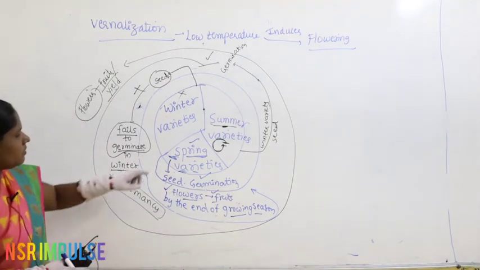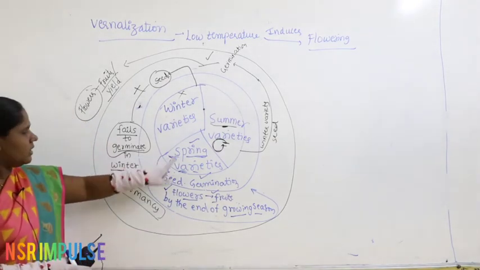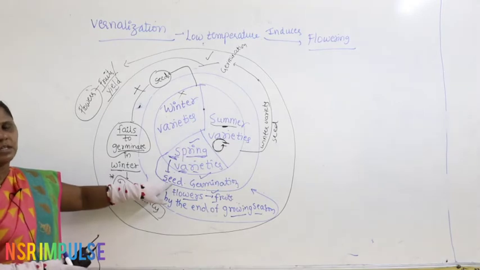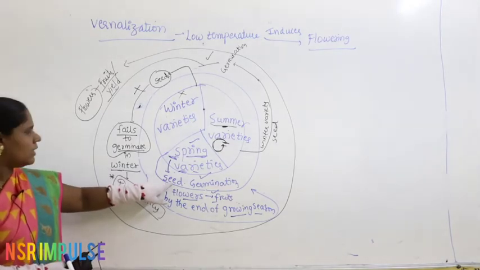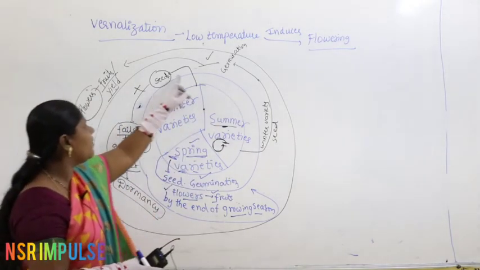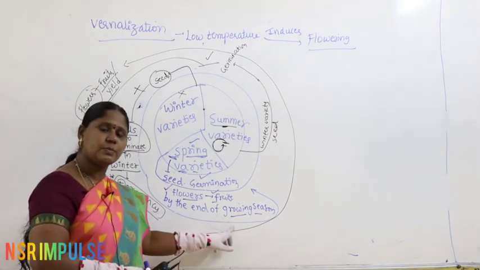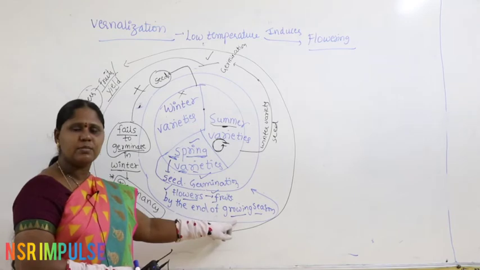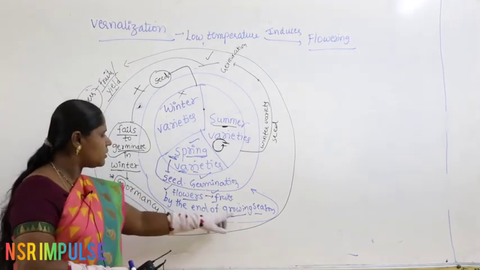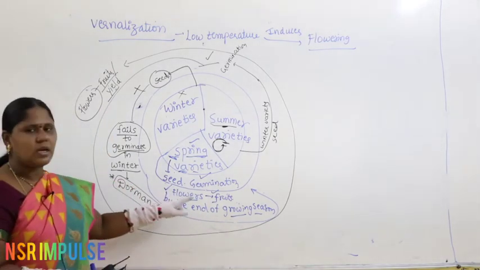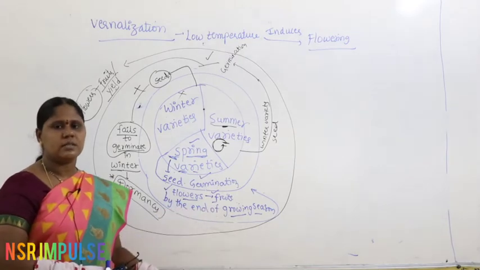So, this is nothing but spring varieties. This year if you sow the seed into the soil, by the end of next spring season, the growing season, flowers and fruit formation takes place.